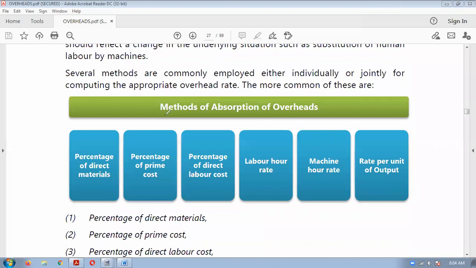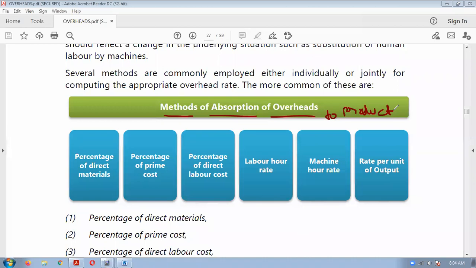Okay, for that there are various methods for absorbing overhead to a product or cost a job. Overhead means common expenditure. We have to use some method to charge the overhead to each product individually. Unlike direct expenses, we cannot directly charge overhead to the product.